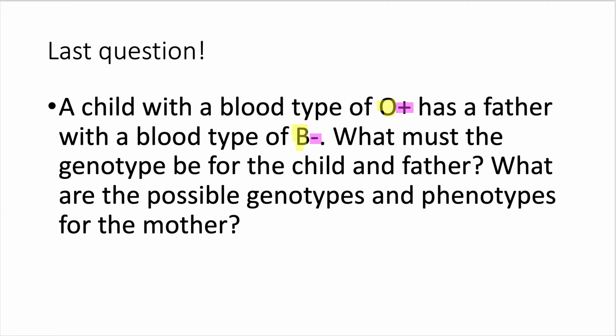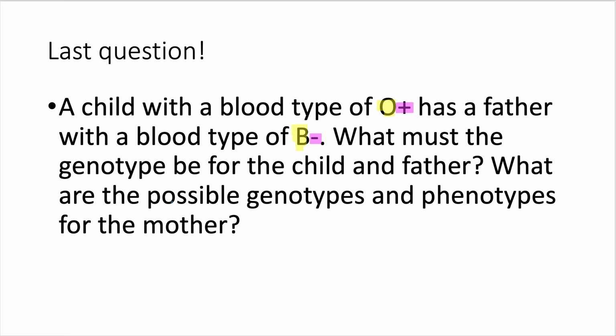So let's first do the child of O has a father with a blood type B. So I don't think we've done these ones before where we're trying to work backwards. So if the father has a blood type of B and the child has O, we know the child's genotype must be 2 little i's, okay? Because that's the only genotype that matches with the O phenotype.